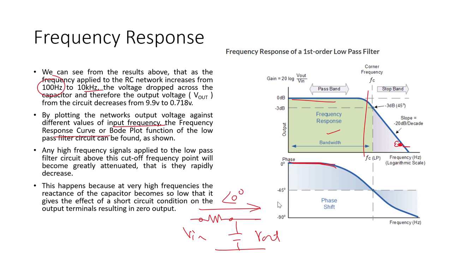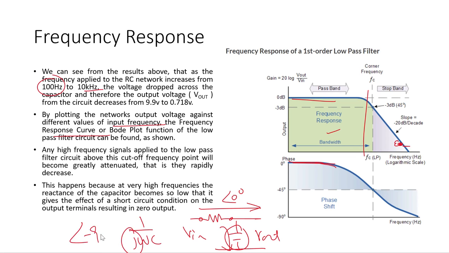As the frequency increases, the capacitor starts its working and the circuit becomes capacitive at higher frequency. So all the voltage is being grounded, and the capacitor is 1 over j omega c. This will give us a minus 90 degree angle with the output voltage. So when we increase the frequency, if we check the voltage here, it will have a minus 90 degree angle.